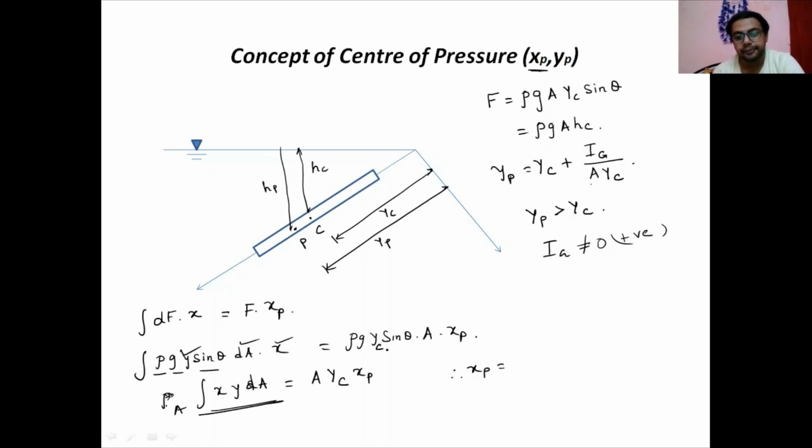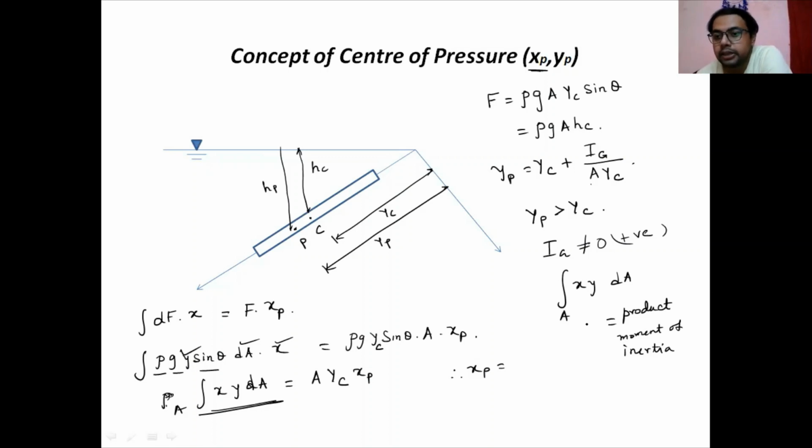The integral of x y dA over the area, if you remember the moment of inertia chapter, is known as the product moment of inertia of the area. Why is the product moment of inertia required?